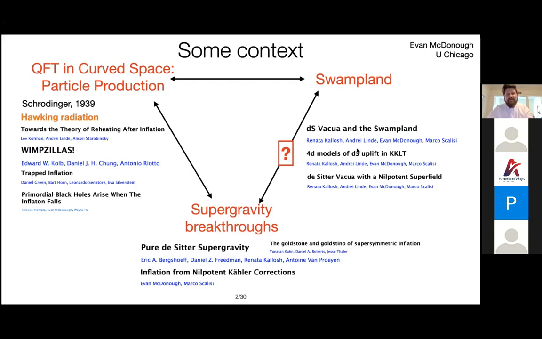And the few attempts that were made to say what these swampland conjectures have to do with de Sitter space and string theory or the supergravity realizations, they ended up not holding any water at all. And this was shown in this series of papers by myself and Marco and Renato and Andre. The common theme here being that both Marco and I were visiting Stanford in 2014, sort of being flies on the wall while this sort of stuff was happening. And it later grew into these papers.